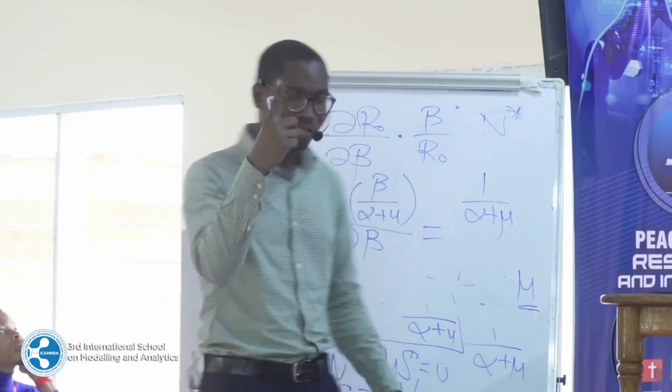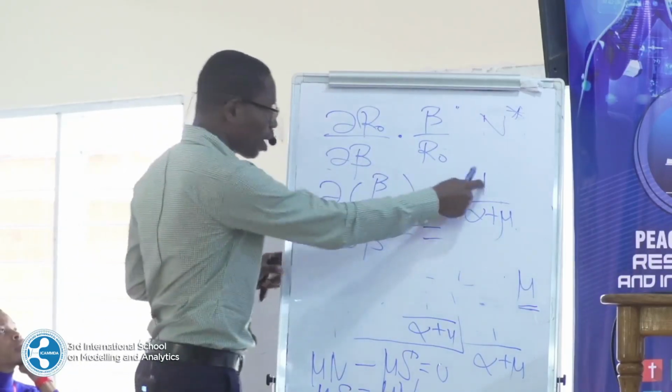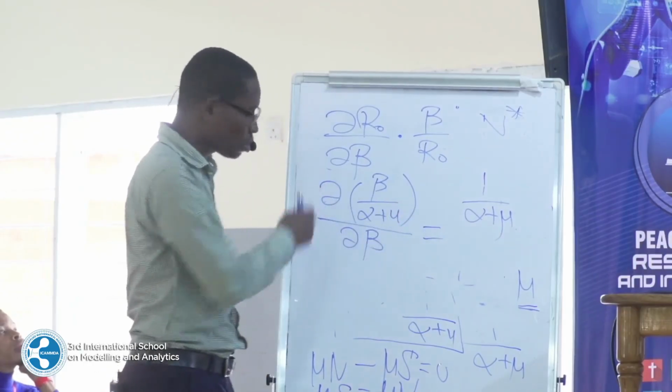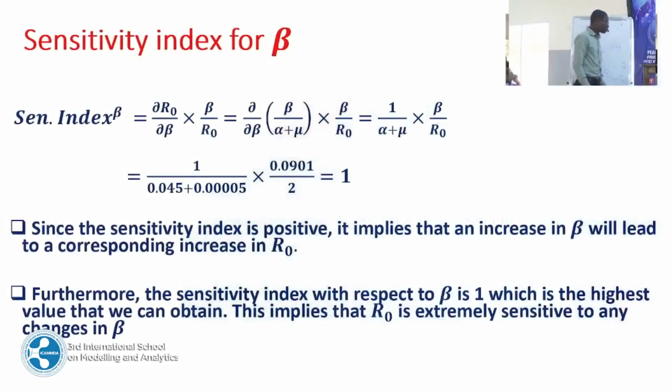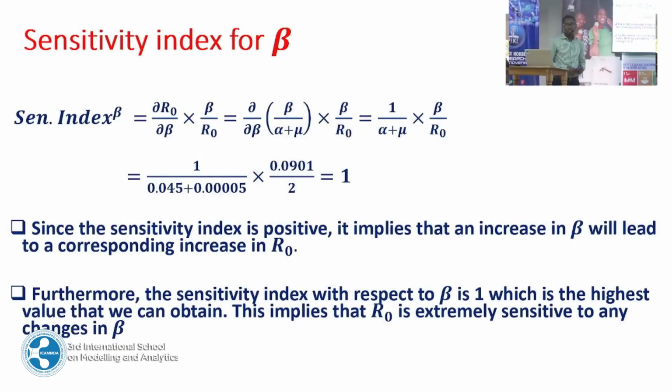It will give us 1. So if we differentiate beta with respect to beta, it gives us 1. This guy is constant. We can bring it out since the partial derivative is a linear operation. So we have 1 over alpha plus mu times beta over our R naught. And so remember that we have our baseline values from earlier.